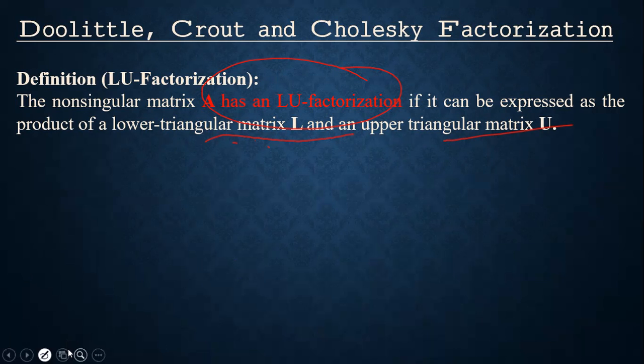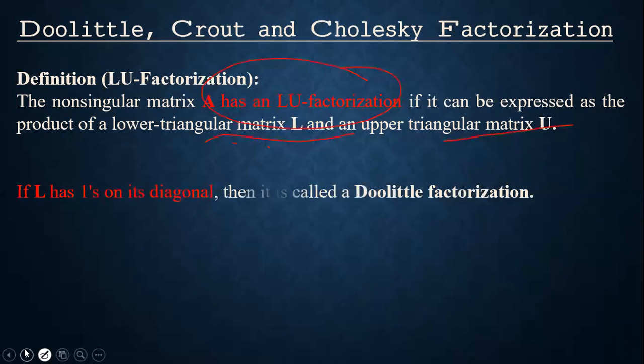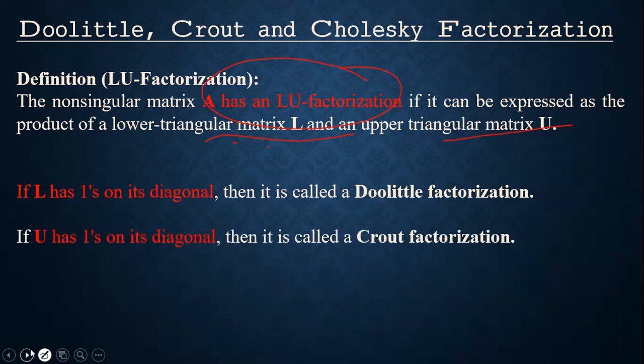So if L has ones on its diagonal, then it is called Doolittle factorization. 1, 1, 1 in the diagonal. That is the Doolittle method.